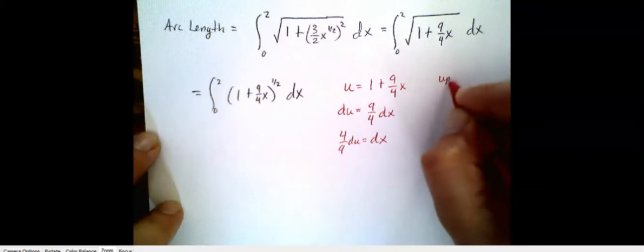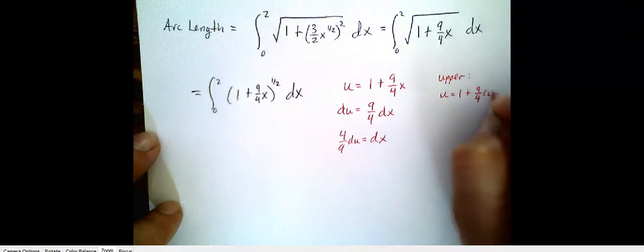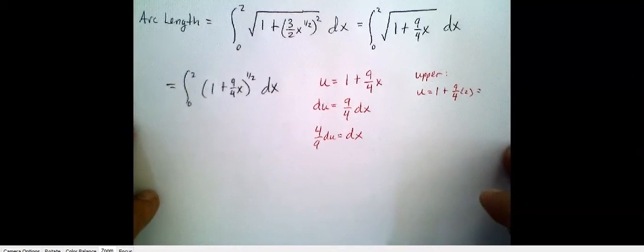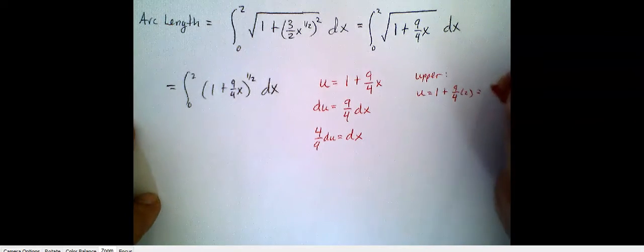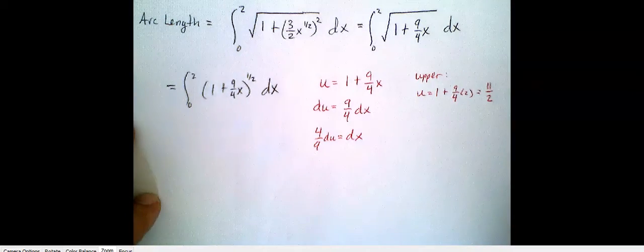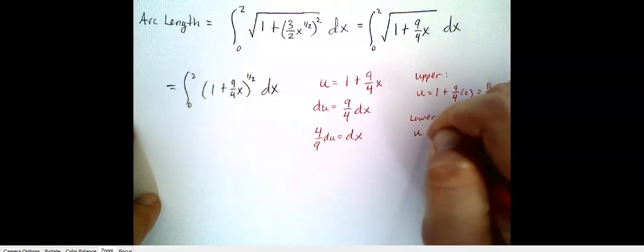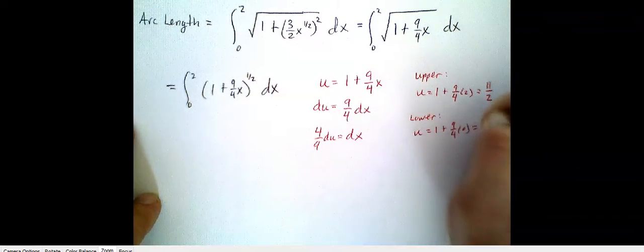So our upper bound will be u equal to 1 plus 9 over 4 times 2. 1 plus 9/2 is 11/2. Our lower bound will be u equal to 1 plus 9/4 times 0, which is 1.